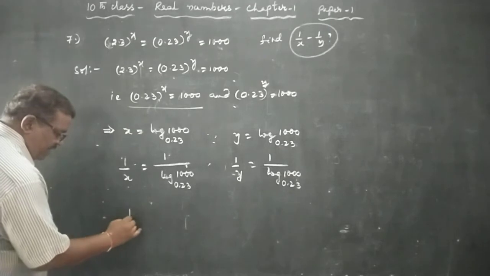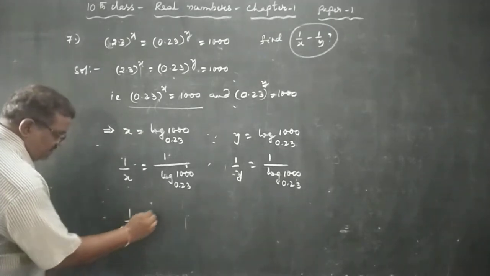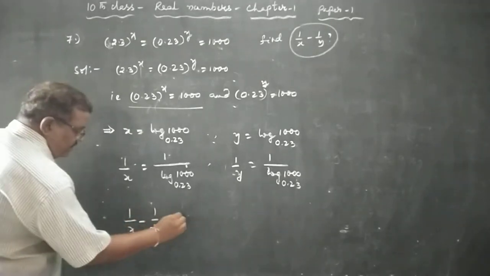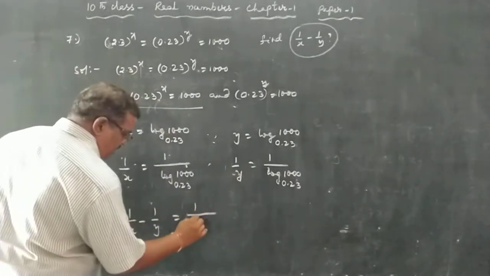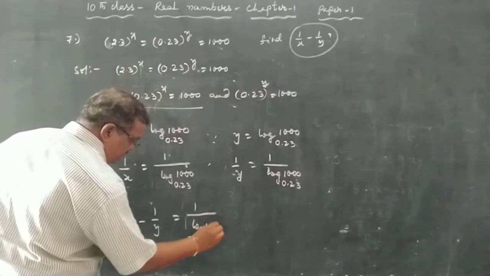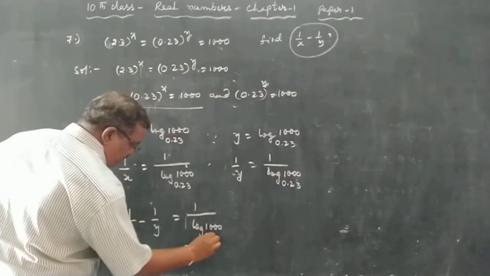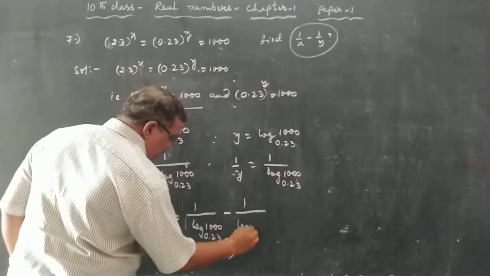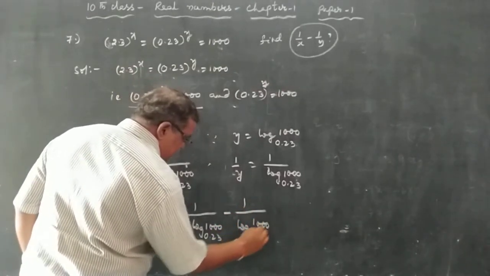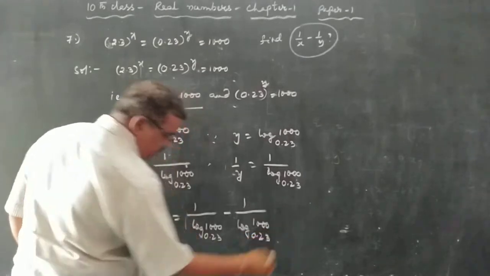Now we need to find 1 by x minus 1 by y, which is 1 by log 1000 base 2.3 minus 1 by log 1000 base 0.23.